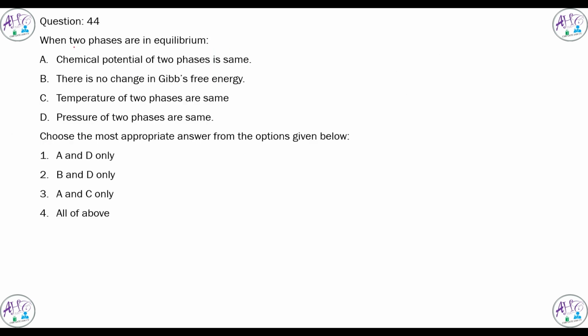44th question. When two phases are in equilibrium, we have actually seen many questions like this in the same question paper itself. When the two phases are in equilibrium, which means the solutions of the two phases are going to be ideal, then the chemical potential of the two phases is going to be the same according to the Gibbs-Duhem equation, and there is no change in Gibbs free energy because they are the same.